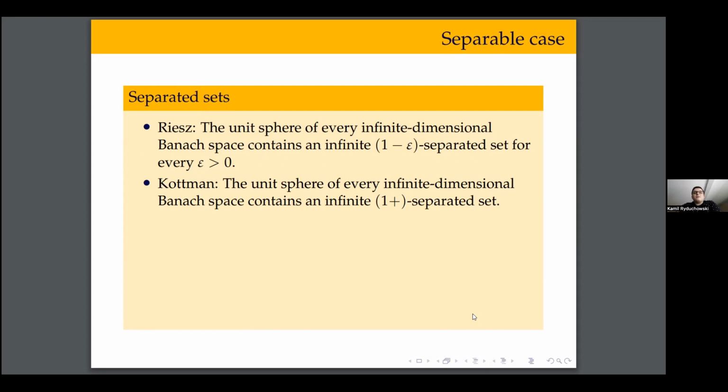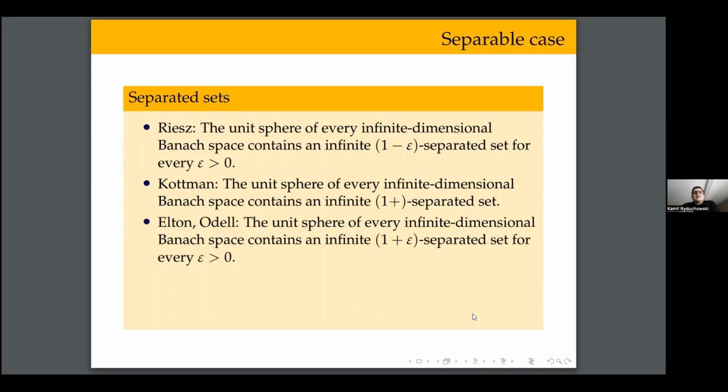And probably the most remarkable result of this kind is the result by Elton and Odell that the unit sphere of every infinite dimensional Banach space contains an infinite (1 plus epsilon)-separated set, for some epsilon greater than 0.